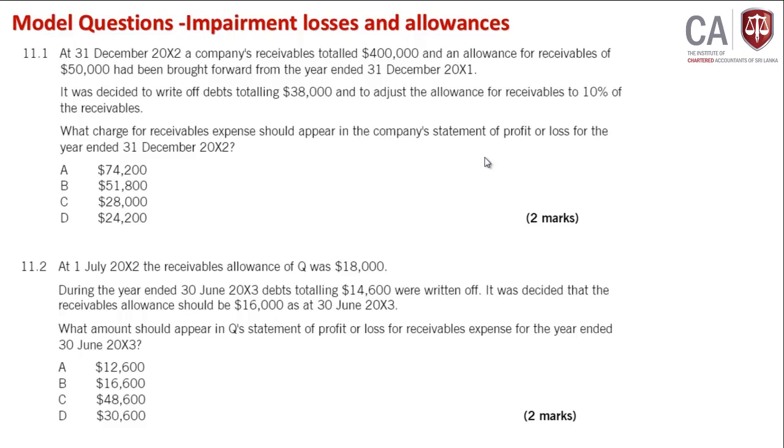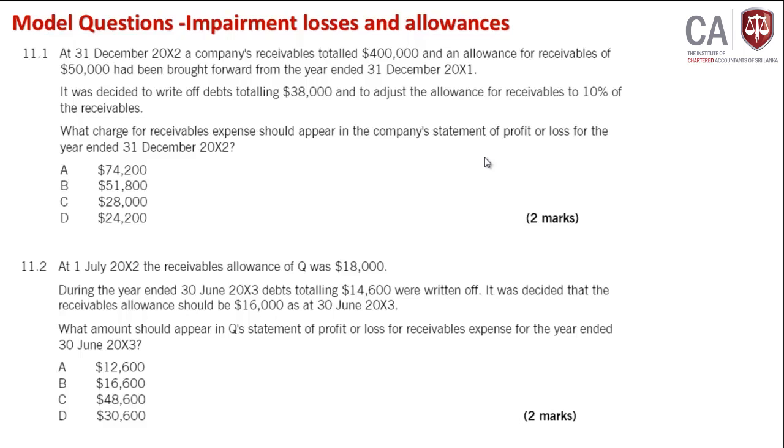I'll do those calculations on the board and we'll discuss the correct answer from the other answers, right? Always we need to have the debtor account, the receivable account and the impairment account also, right? Three accounts are important. Read the first question.